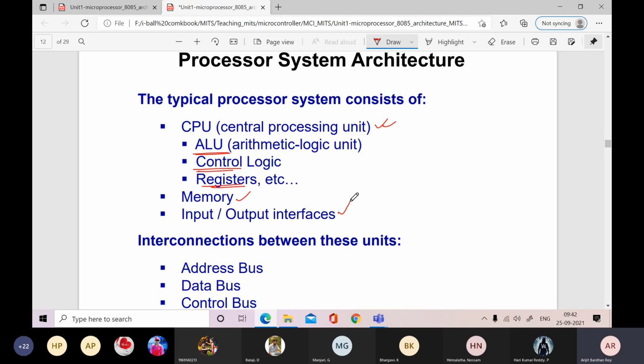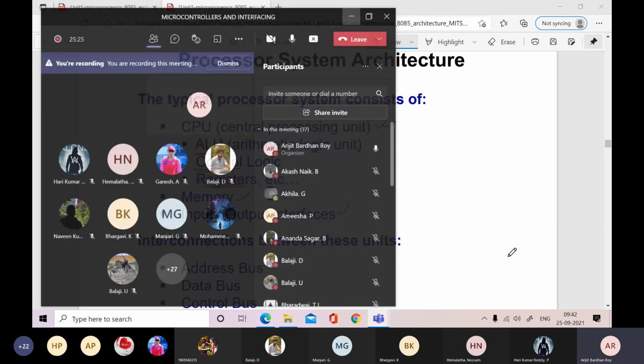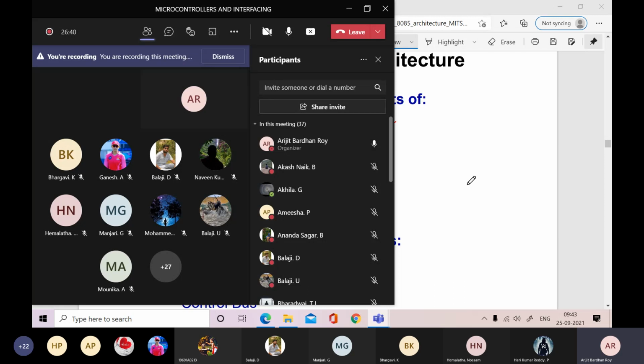Can you give me one example of input output interface components? Anyone? In fact, now you are also using this type of component. Yes? Tell me. Don't worry, if it is wrong, don't worry. Please repeat again. Mail, sir. Receiving and sending.